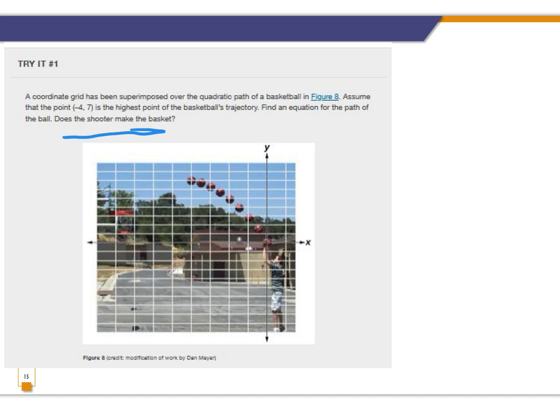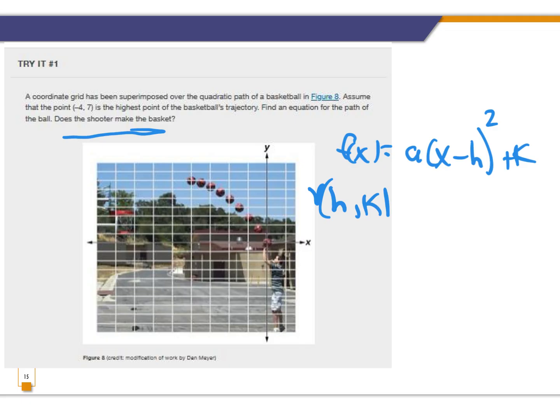So I'm going to use standard form. F of x is some a that I don't know, x minus h squared plus k. Remember, hk is the vertex. And if they told me right up here that the highest point is -4, 7, I'm looking at the grid, and I can see that this is my x-axis right here going across, and then this must be my y-axis.